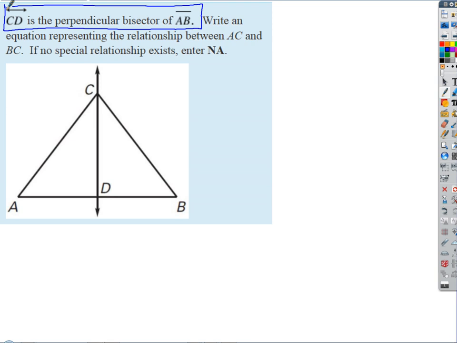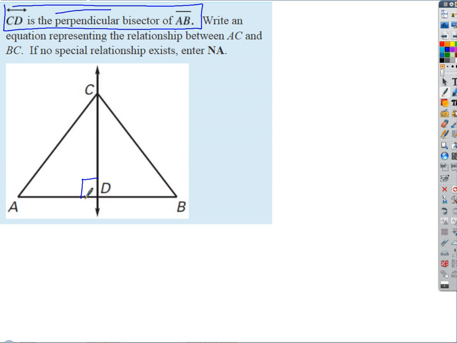Quickly crank out a picture in your notes that you can write on. What marks can we add to this drawing to relay all that information in the blue? A right angle, sure, because we're told that line CD is the perpendicular bisector of segment AB, so we put a right angle sign there to show they're perpendicular.